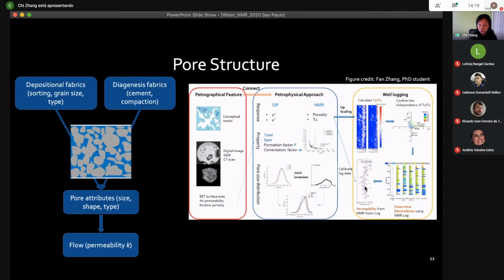So what do we do using these wonderful tools? You probably can already guess. The first thing NMR is sensitive to is the total amount of protons, which means it can tell us how much water you have in the system. Put into a geological setting, we have the depositional fabrics, which means the sorting, grain size, and also different types of grain, as well as the diagenetic fabrics such as cementation and compaction processes.